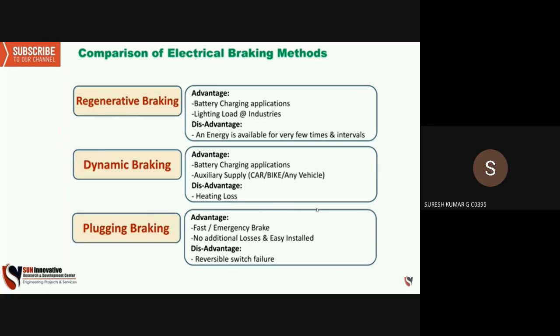From this, we have concluded that regenerative braking is a somewhat slow method, because it is momentary and we cannot get a continuous value. Dynamic braking is time variable due to the resistance, and plugging braking is a fast braking because the direct voltage is reversed to the circuit.